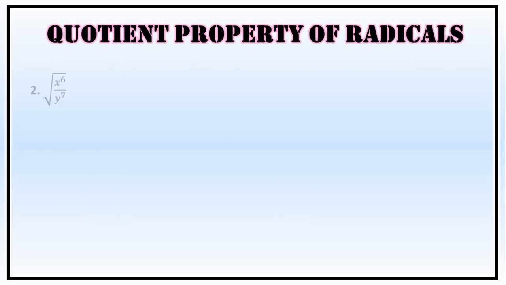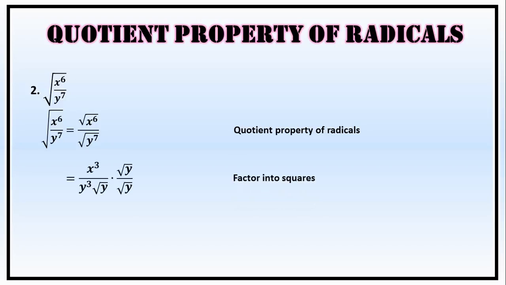Number 2, square root of x to the 6 over y to the 7. First, we need to apply the quotient property of radicals. So it will become the square root of x to the power of 6 over the square root of y to the power of 7. Then we need to factor it into squares.